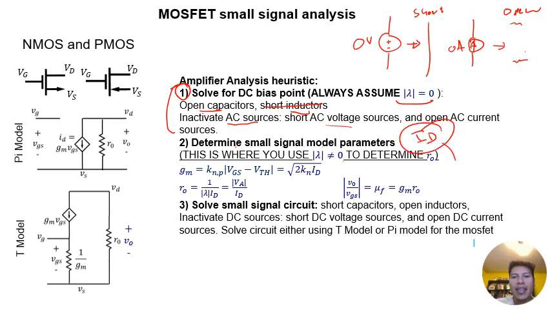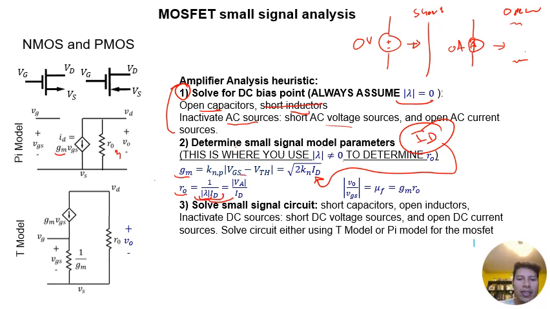And once we know ID, we will use this formula to determine our transconductance gm for our small signal model and our ro for our small signal model. This is the only place where you assume lambda is non-zero. So if you're given a non-zero lambda, this is where you use it.